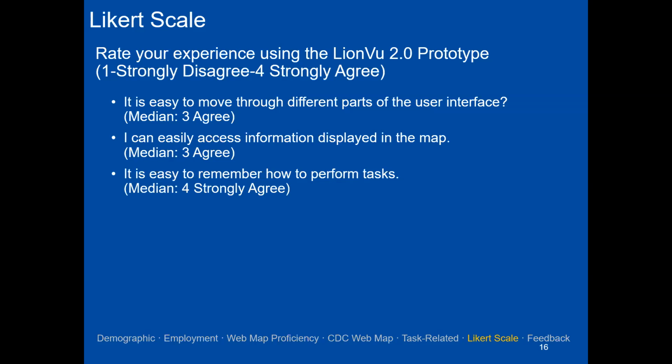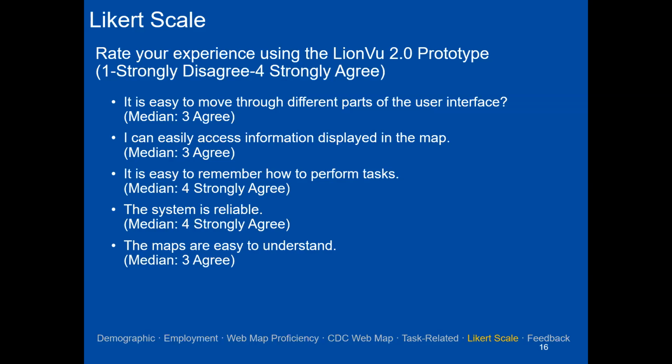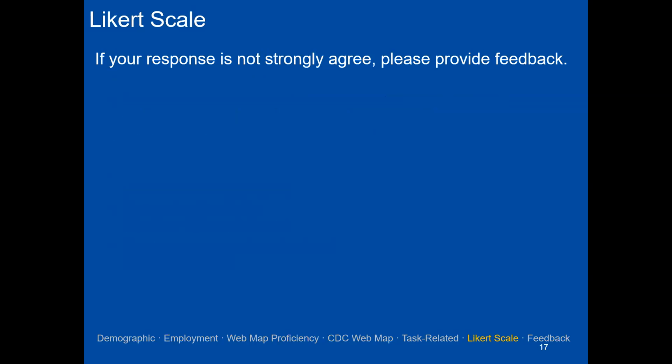It is easy to remember how to perform tasks: the median was strongly agree. The system was reliable: 4, strongly agree. And the maps were easy to understand: 3, agree. And some feedback, if the response was not strongly agree, please provide feedback.